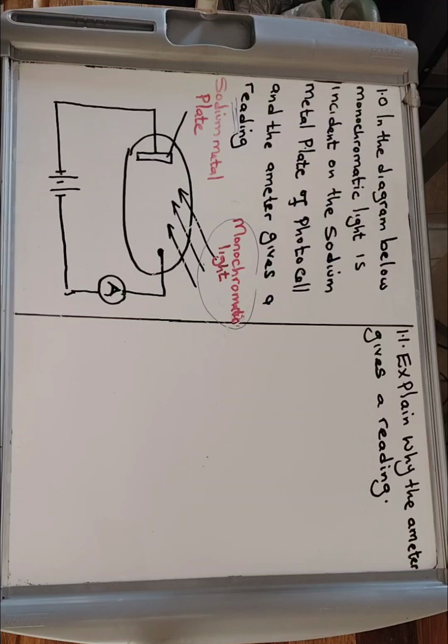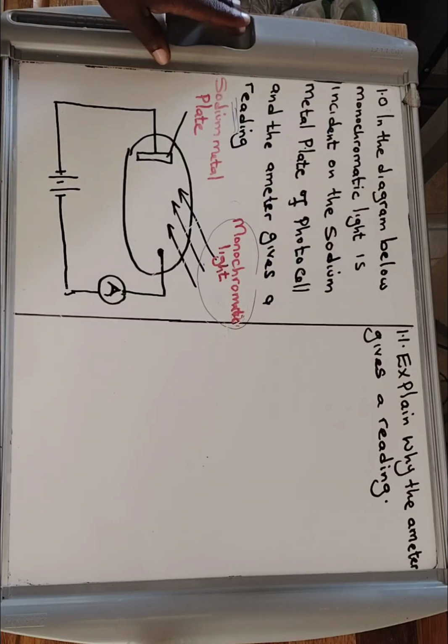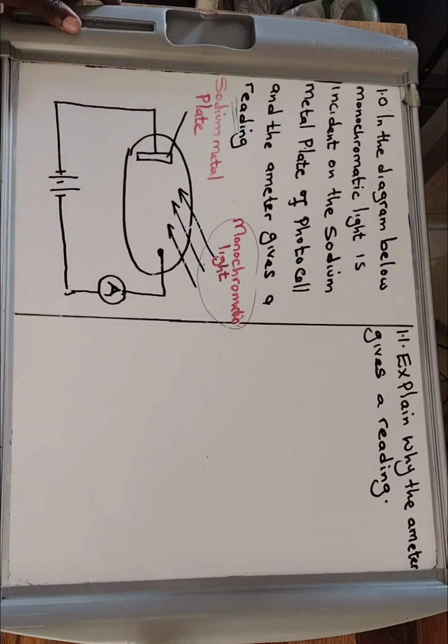You have to know that work function is a characteristic of the metal. So we talk about work function of sodium, work function of zinc. So it is a characteristic of the metal, and it represents the energy which will be needed to make the electrons come out.